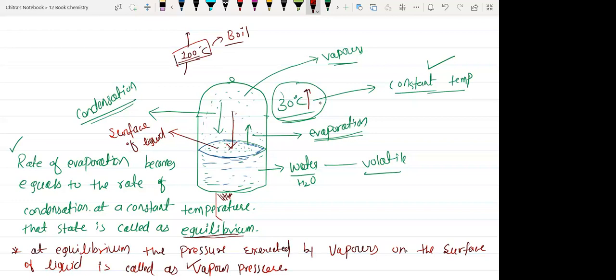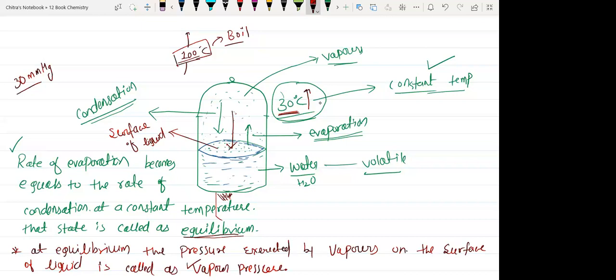Now, I'm just considering, see, at 30 degrees Celsius, suppose the vapor pressure is 30 mmHg, millimeter of mercury. This is the unit of pressure measuring device we are using.